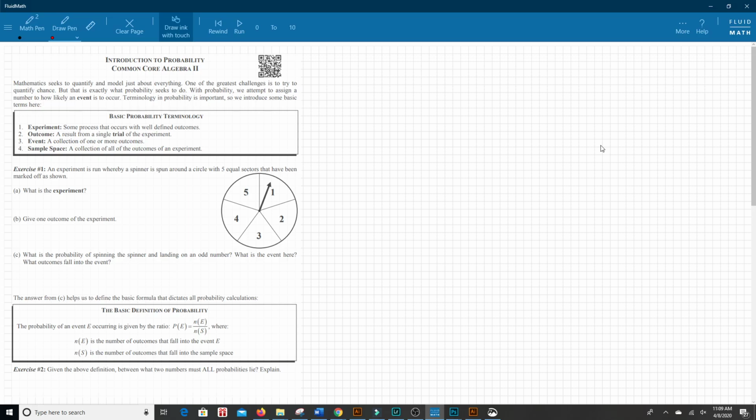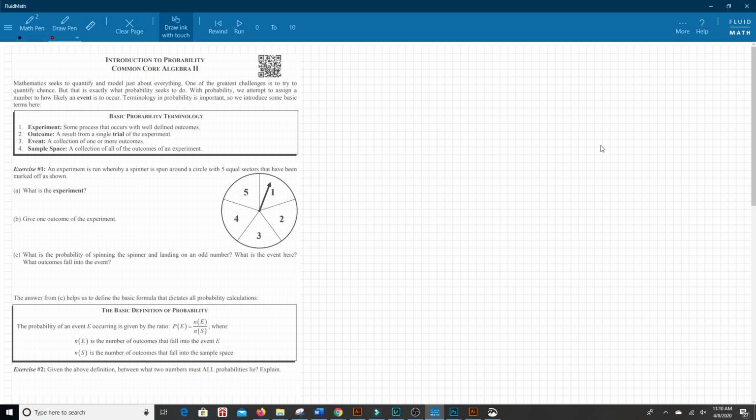But that's exactly what probability seeks to do. With probability, we attempt to assign a number to how likely an event is to occur. Remember, the key term here is event. Event comes up a lot in our definition of probability.